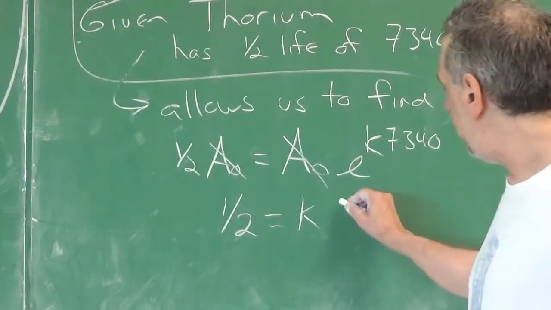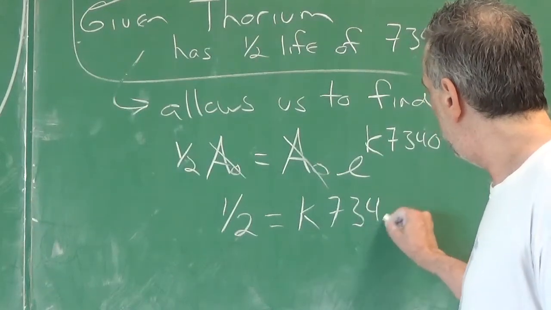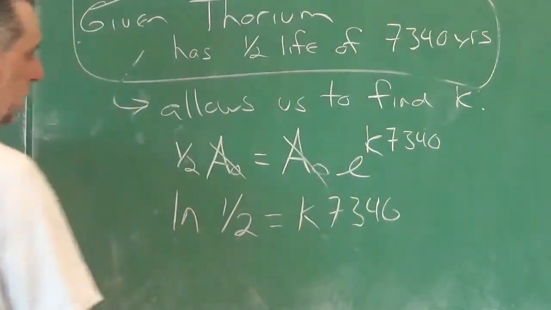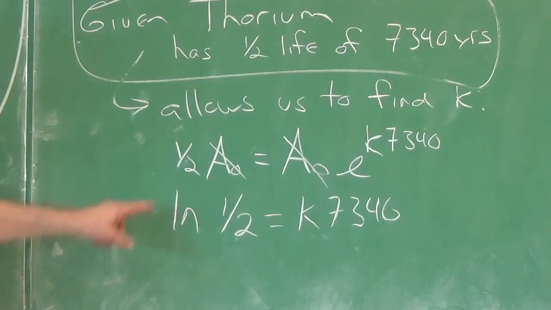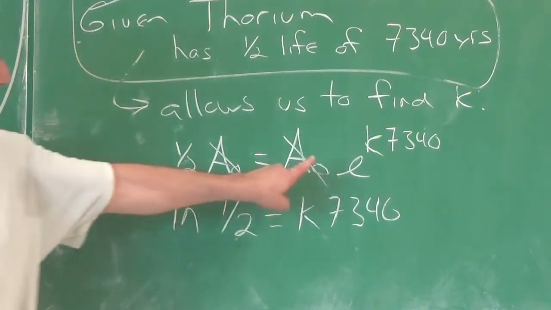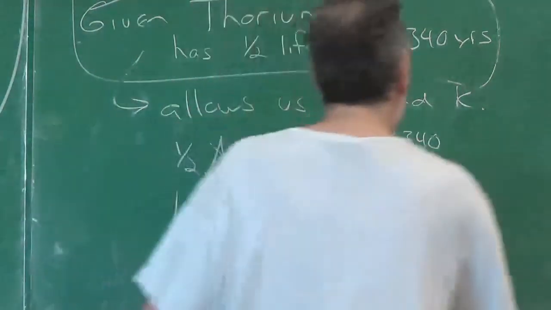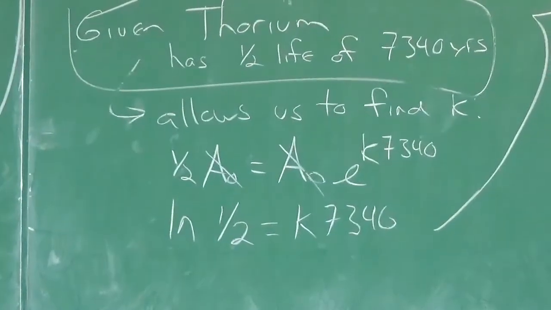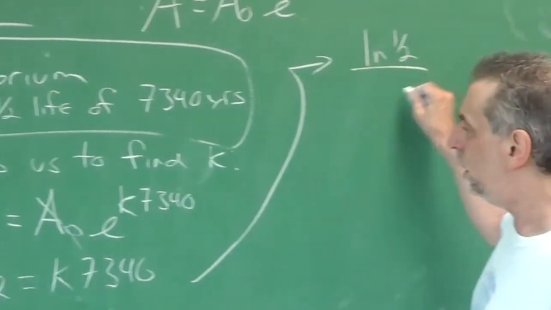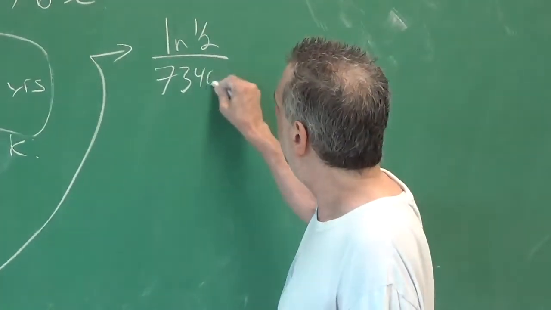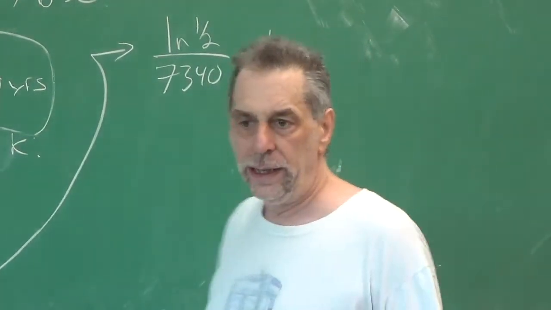So we take the natural log of both sides, right? Natural log of 1/2. Natural log of e raised to an exponent is just the exponent. And that allows us to solve for k and get natural log of 1/2 over 7340. And what do we get there?